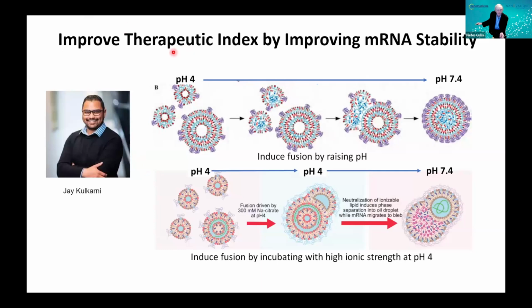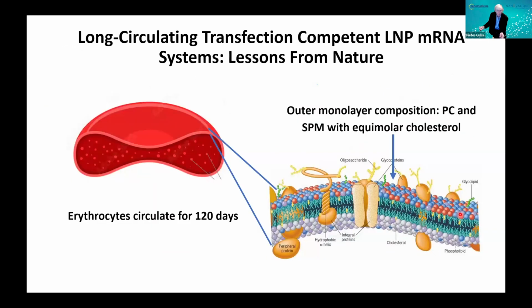One of the ways to improve therapeutic index is to make sure your mRNA is more stable, not as susceptible to degradation, either by interaction with the ionizable lipids or through other means. And what we've found here is if we segregate it by inducing fusion at pH 4 during the formulation step to form what we term bleb structures, we can improve the stability of the mRNA with attendant improvements in the potency of these formulations.